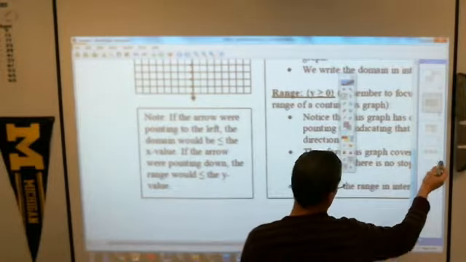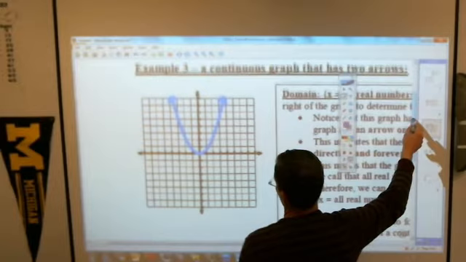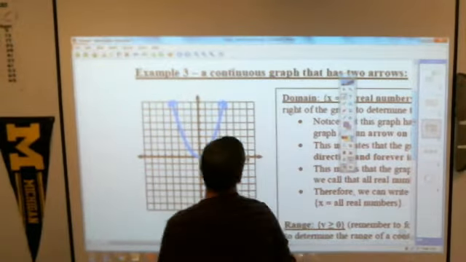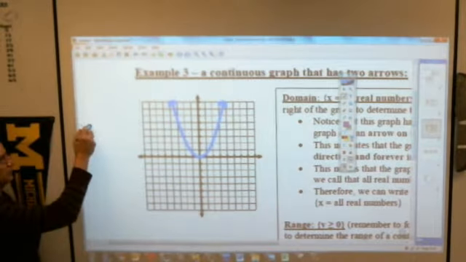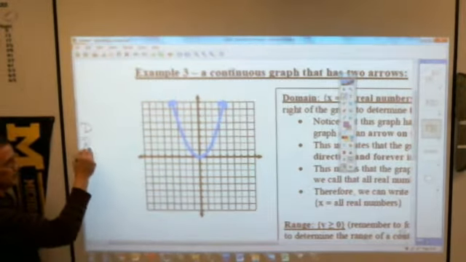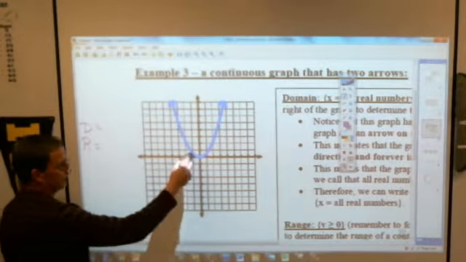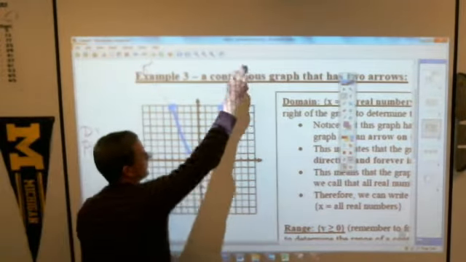And then the last one, there was one more, right? Let's take a look at this one. What is my domain and what is my range going to be here? Think about the x values. Again, knowing that these arrows mean it goes on forever that way and goes on forever that way.